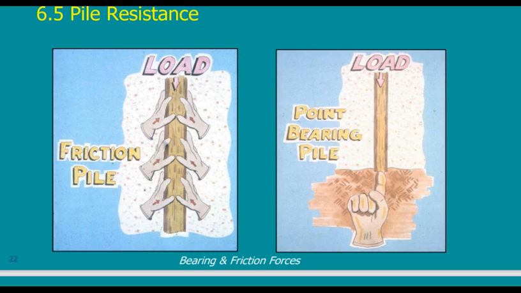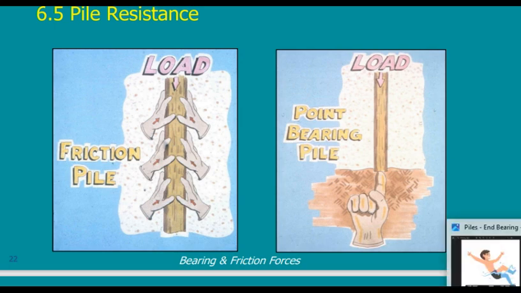Okay, we said that these are the cases of friction and end bearing, but I will have to do some kind of simulation to understand the difference between friction and end bearing in the case of a single pile and in the case of group piles. Imagine yourself in a swimming pool.